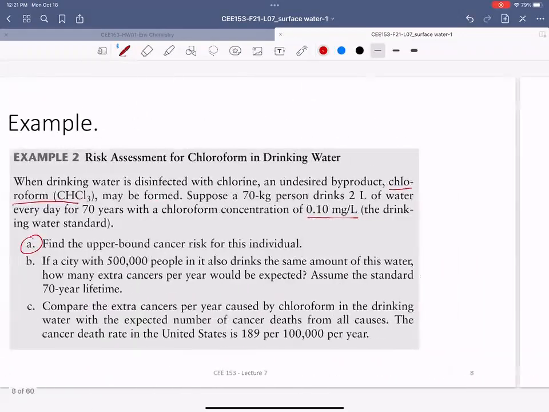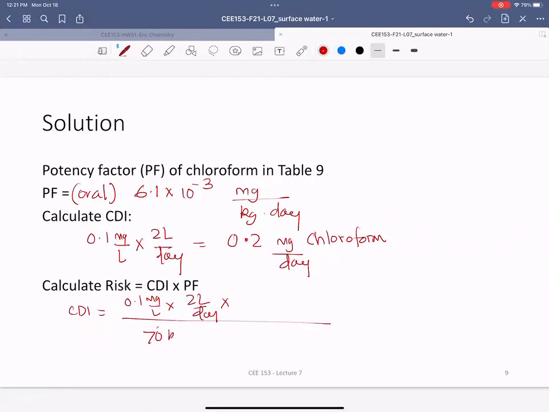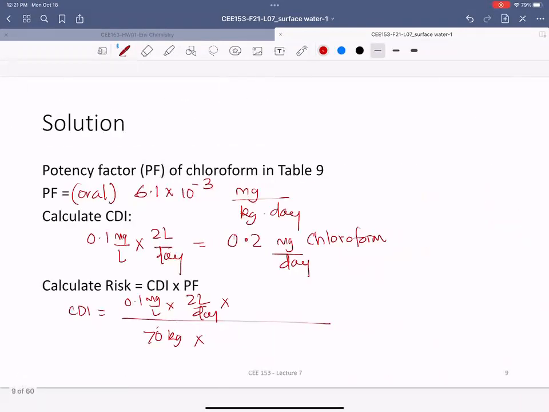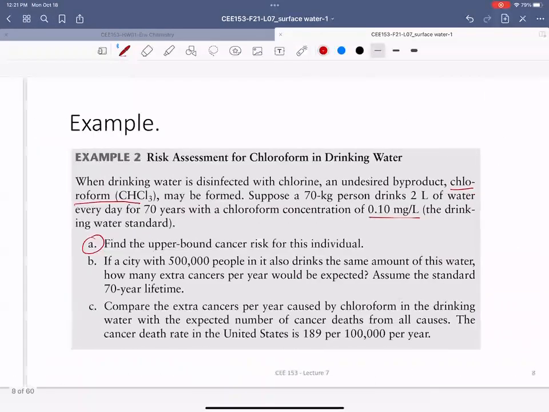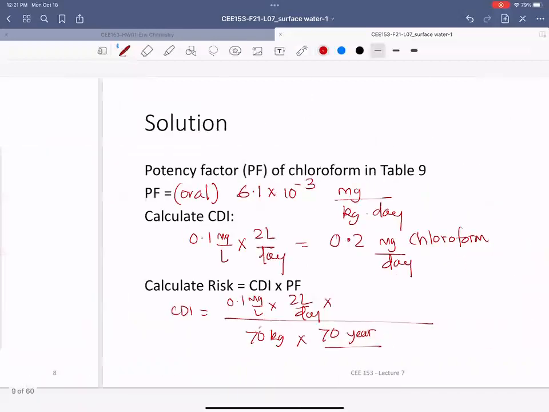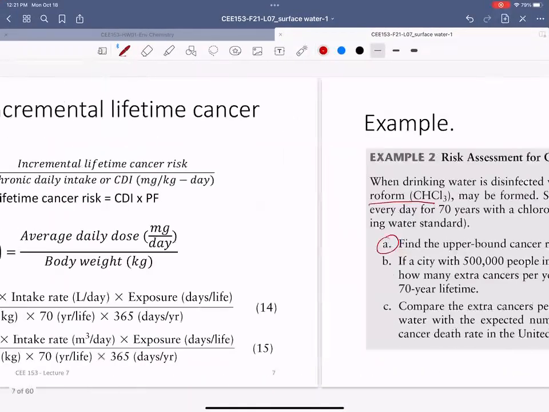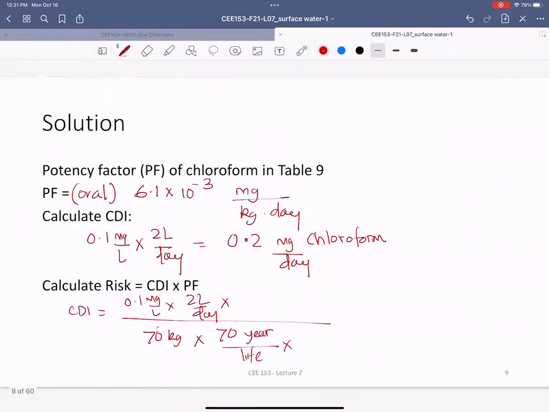Body weight, that's 70 kg. And then how many years has he been receiving? 70 years for life. Then 365 days per year.